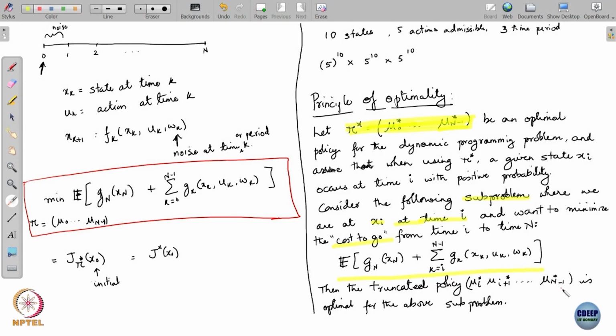So, let us think about what the principle of optimality says in plain English. Think of the problem of finding a shortest path from, say, Mumbai to Delhi. Suppose you found the shortest path, that means you found your optimal policy, which says you go to this town, then that town, and so on.